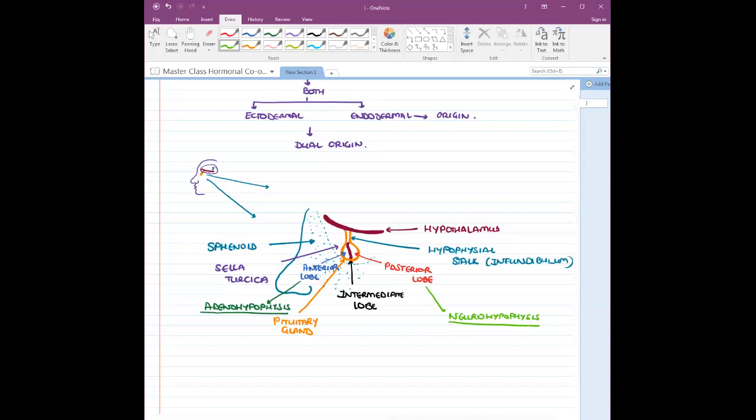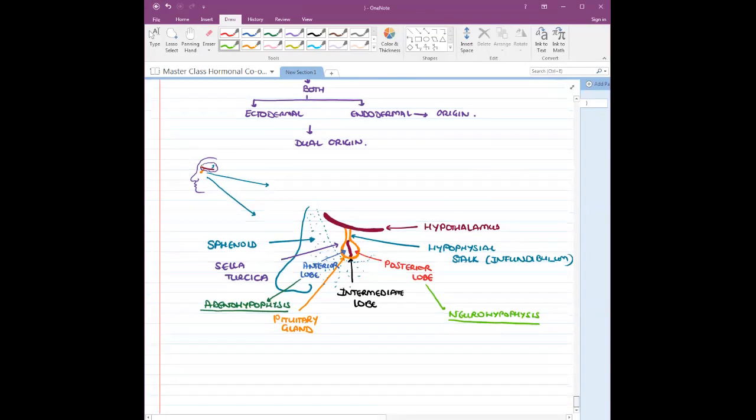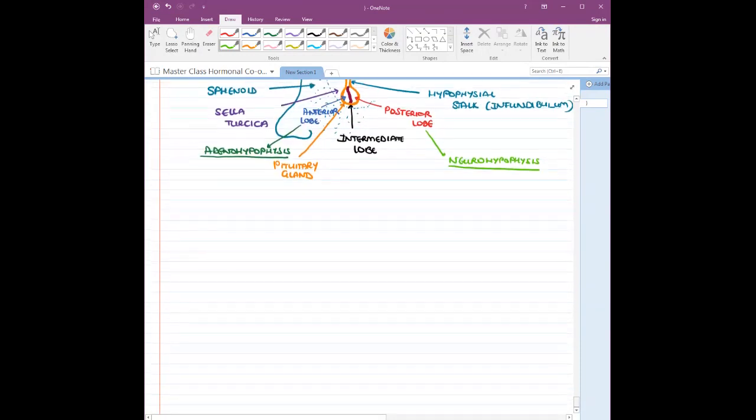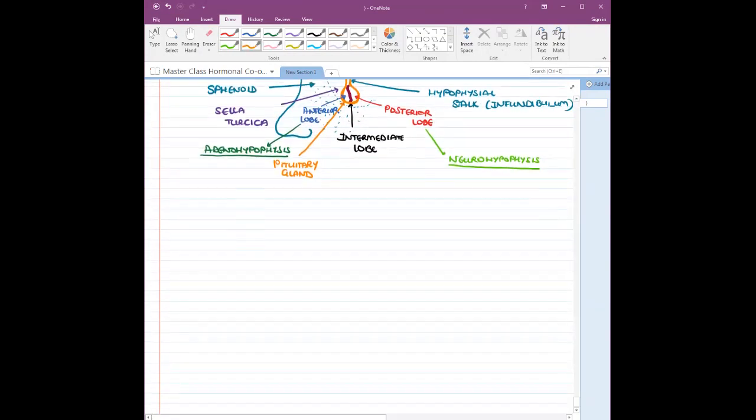But now, guys, we still have to zoom in and we still need to know what the different parts are, because adenohypophysis and neurohypophysis themselves have certain parts. Okay, so you will see how it is going to work. So, guys, let's zoom in and see what really happens. Okay, so now I have just zoomed into your pituitary gland.